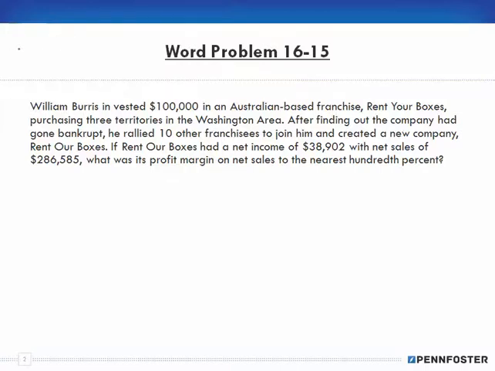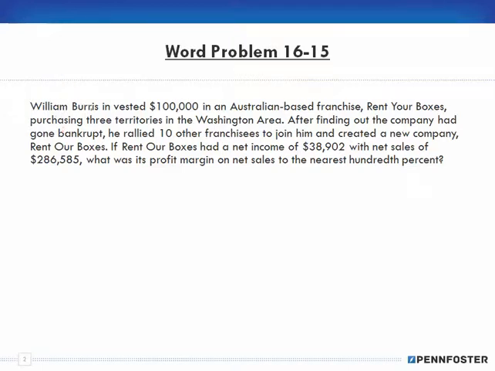And remember, when you're reading word problems, there's information that's directly related to solving the problem, information that has nothing to do with the problem, and information that has to be manipulated or changed in some way, shape, or form in order to help solve the problem. But you have to obviously understand what the problem is asking.